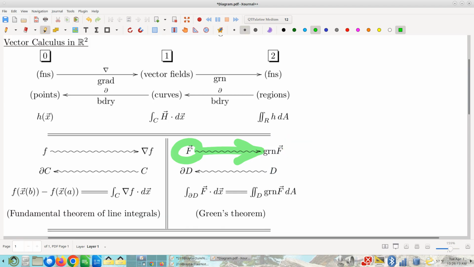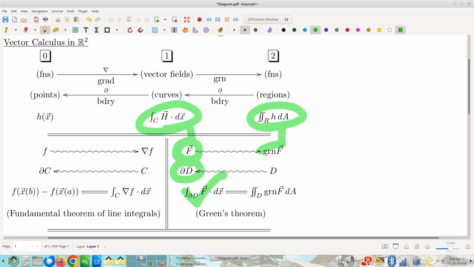But anyway, if you have a vector field and you compute the curl, and you have a 2-dimensional region and you look at its boundary curve, then the vector line integral of your original vector field on that boundary curve and the double integral of Green's curl on your original 2-dimensional region will be equal.